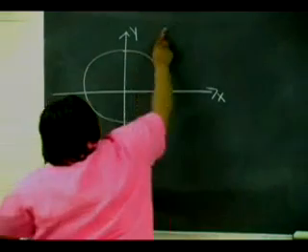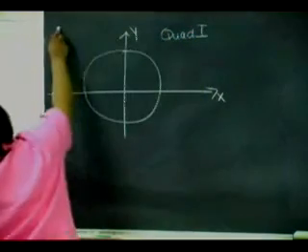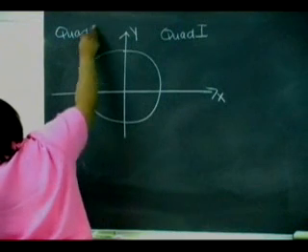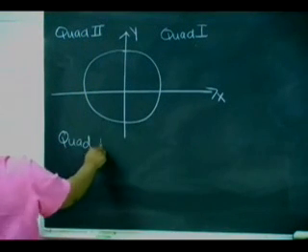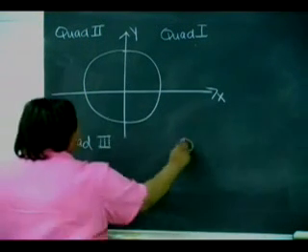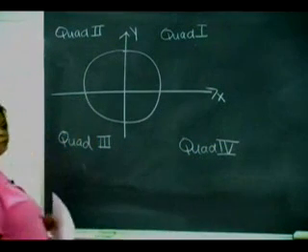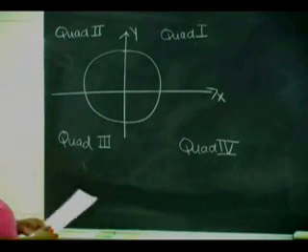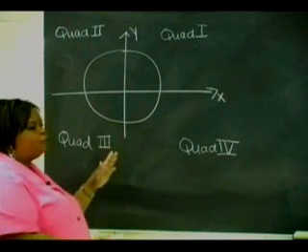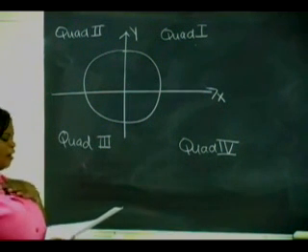This quarter over here still represents quadrant 1, quadrant 2, quadrant 3, and quadrant 4, right? Now, let's talk about how I form these radians.